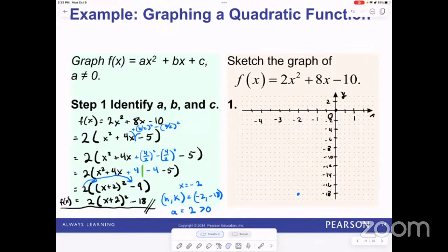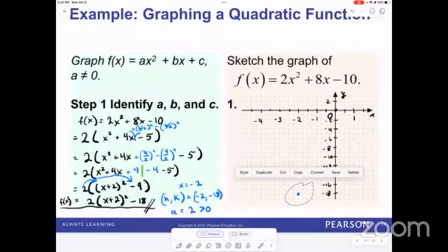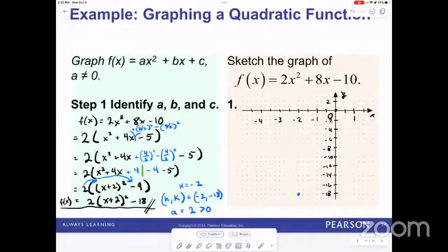Let me see, we have a vertex. Let's see when x is 0. When x is 0, the corresponding y, we got our axis of symmetry. Let's actually go ahead and draw that. Our axis of symmetry.